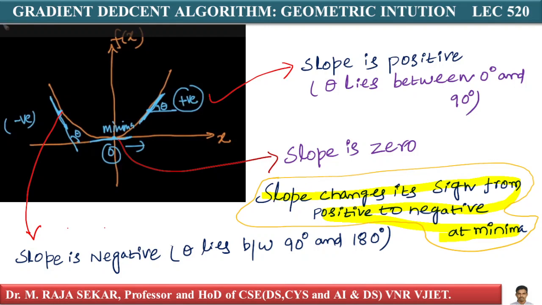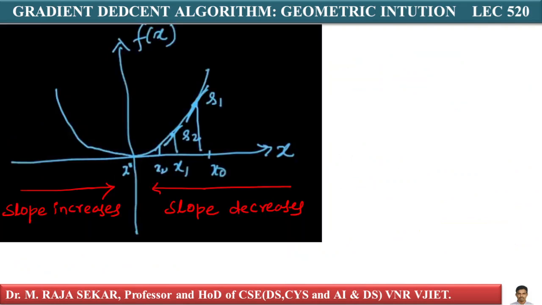The other interesting observation: imagine this is my plot. Let me check the slope at s1. If you observe carefully, this is the first point. Here I can find the slope.